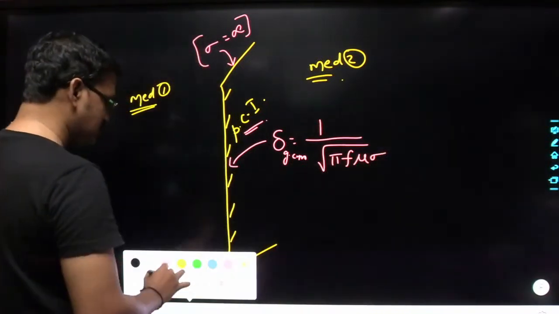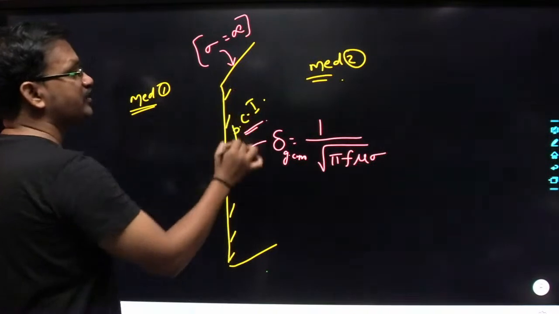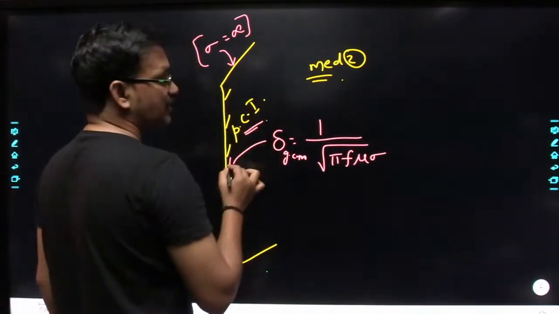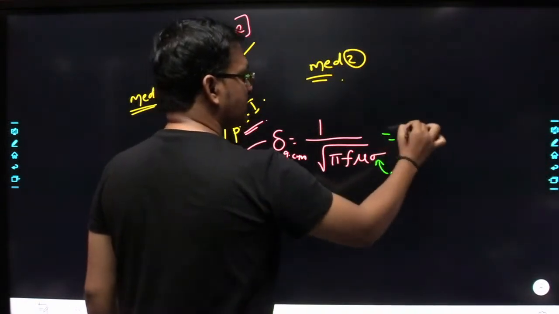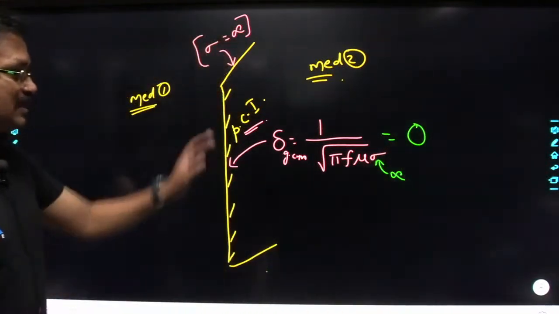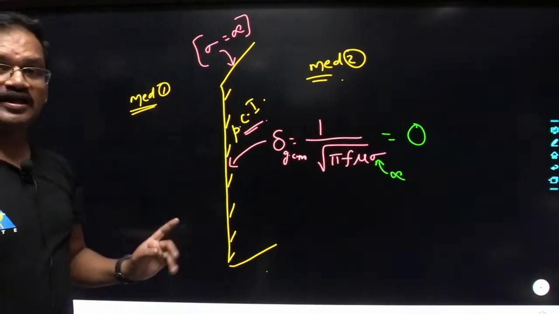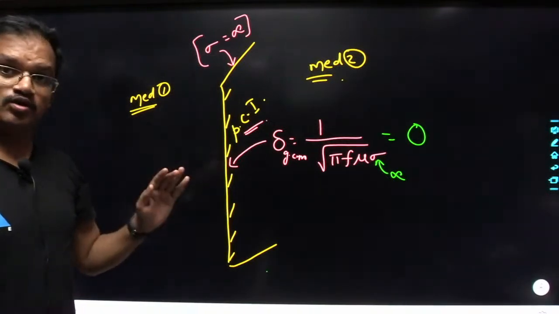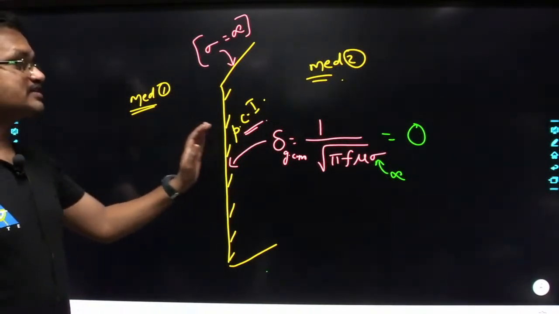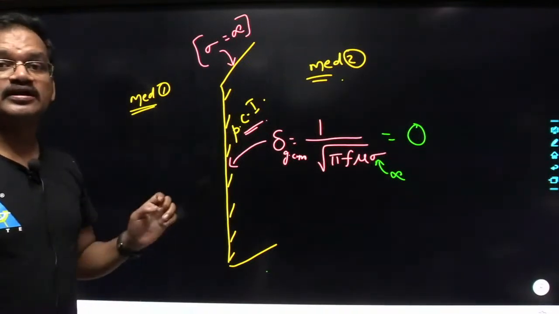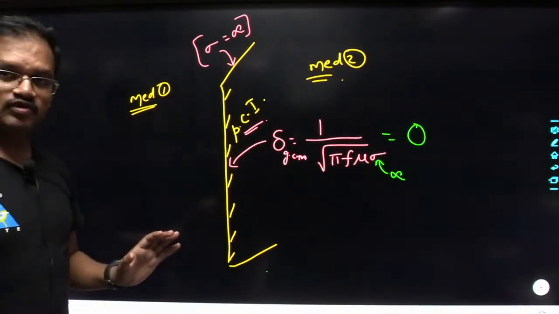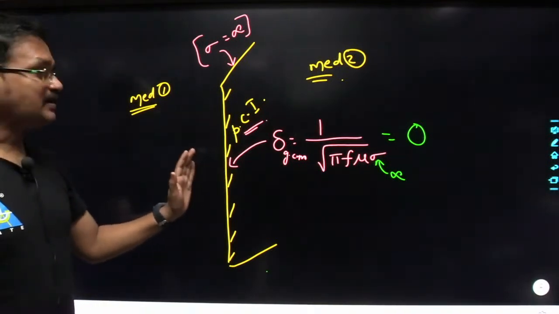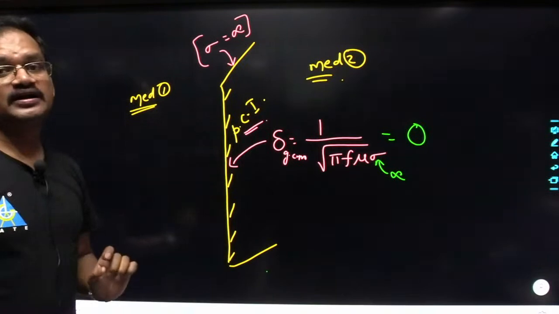But we are assuming a perfect conducting interface, so sigma tends to infinity, which means delta is equal to 0. So the skin depth of this perfect conducting interface is equal to 0, which means no fields can penetrate inside this perfect conducting interface.